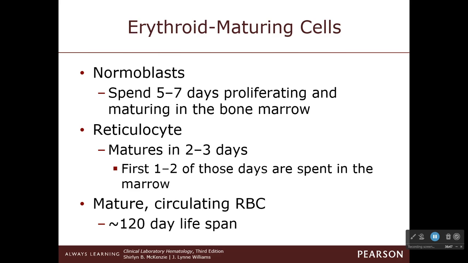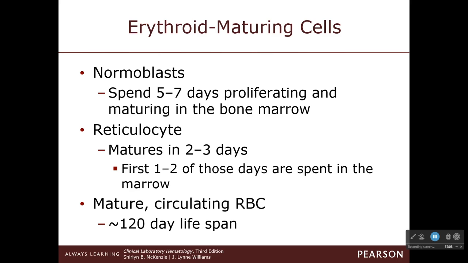So cells spend 5 to 7 days proliferating, meaning dividing, making new cells. One BFU-E or CFU-E can make up to like 50 or 60 red cells. Does that make sense?